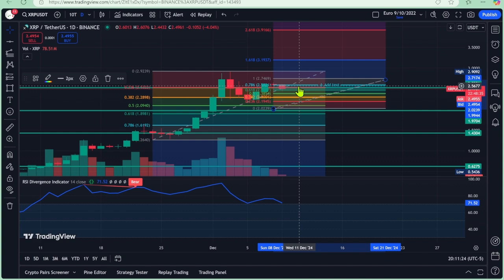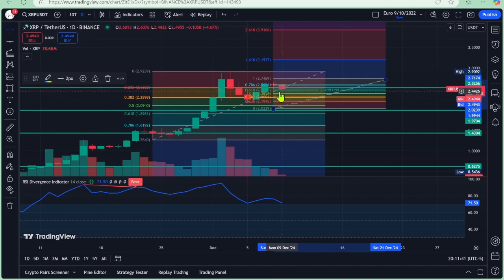Now, one more thing. If price bounces up above this point right here, then we know pretty much guaranteed it's going to retest this high. So that's what we need to keep in mind.